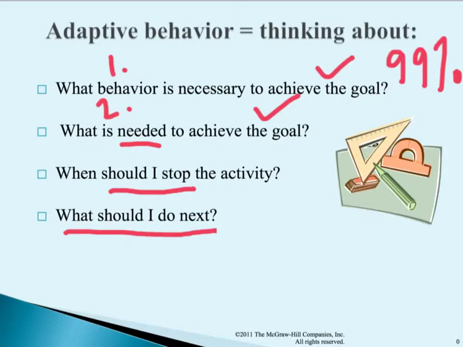For example, in my example, adjusting to Hong Kong, did I risk putting too much emphasis on adjusting to Hong Kong and then ignore my family and my children? Okay, so that's the idea. When do I stop the activity? And then lastly, the decision, what do I do next?